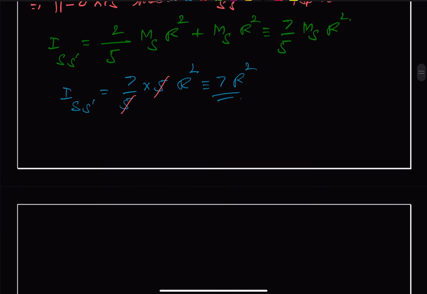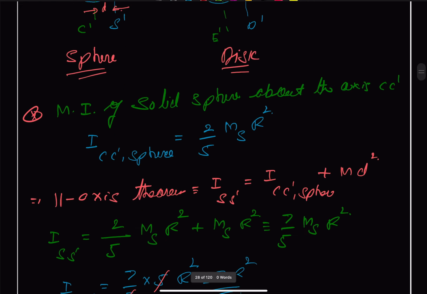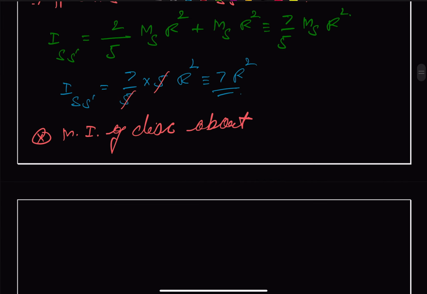So you can say the moment of inertia of the disk about the axis passing through the center is I E prime, which will be equal to 1 by 4 mass of the disk and r square.